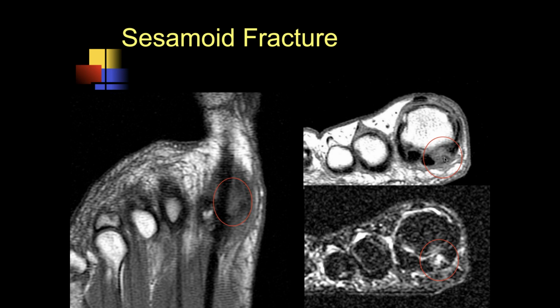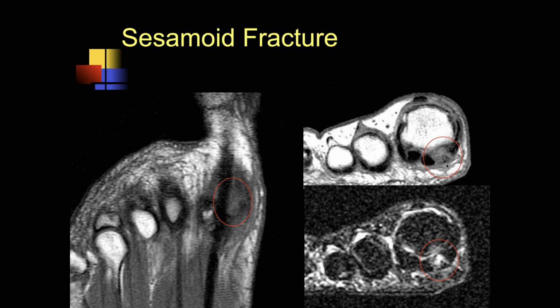Be concerned about whether you could have an intersesamoidal ligament tear, and then maybe splaying of the sesamoid bones. I don't think that this is AVN, and I don't think you should use the term sesamoiditis either. Now these are fractures. These are injuries of the sesamoid from trauma.